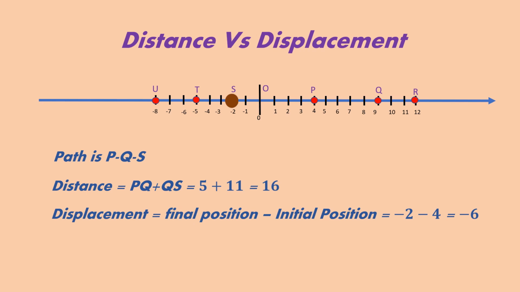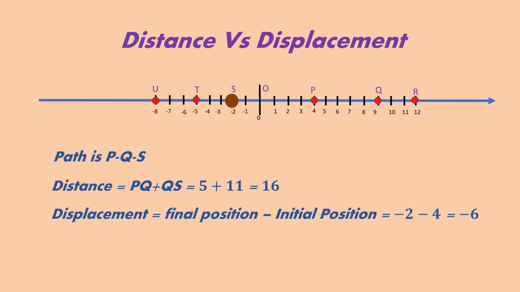The final position is the position S, which is indicated by the coordinate -2, and the initial position is the point P, which is indicated by 4. Therefore, final position minus initial position will give you -2 minus 4, which is equal to -6.